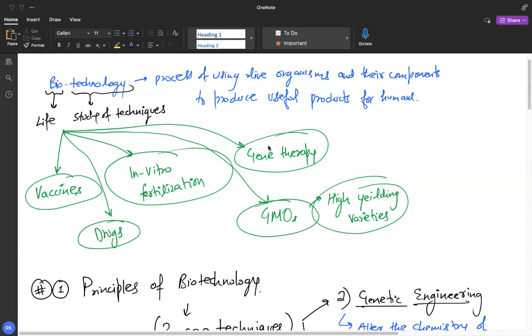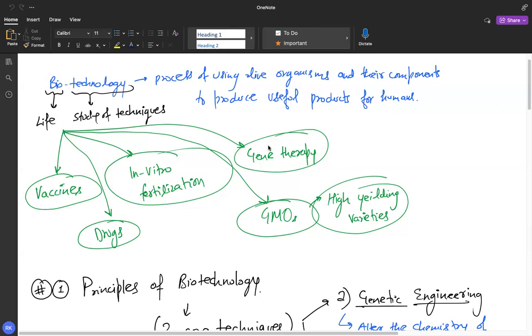So you know that biotechnology is derived from two words, bio and technology. Bio is associated with life, and technology simply means study of various techniques or developing various techniques through that study.